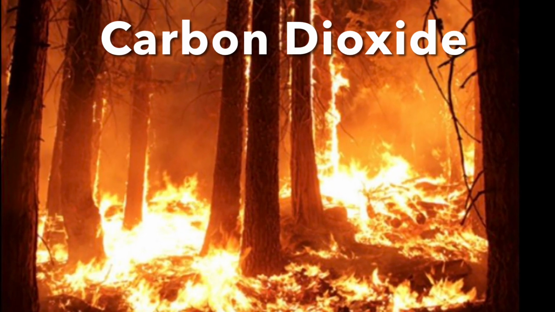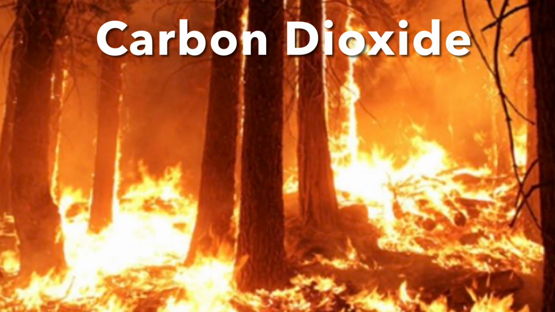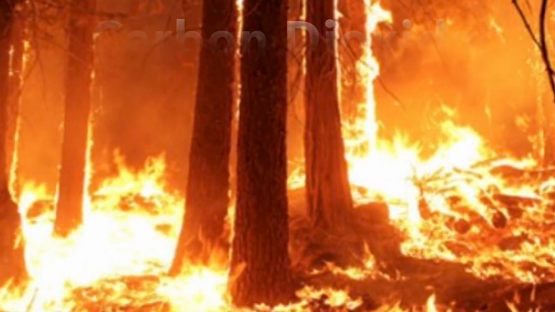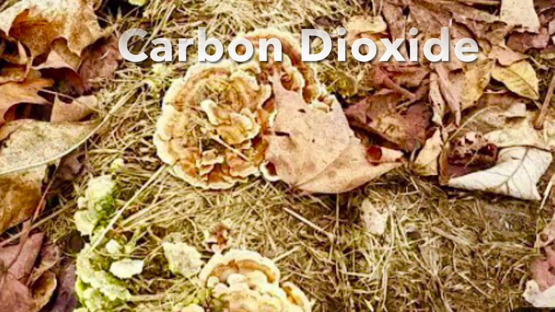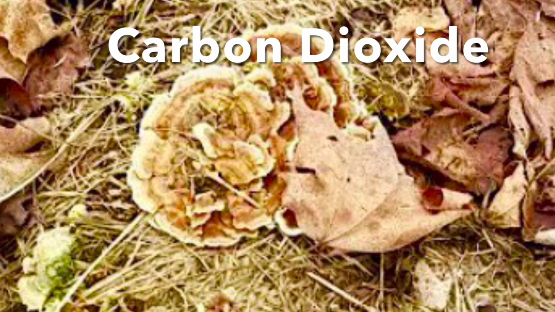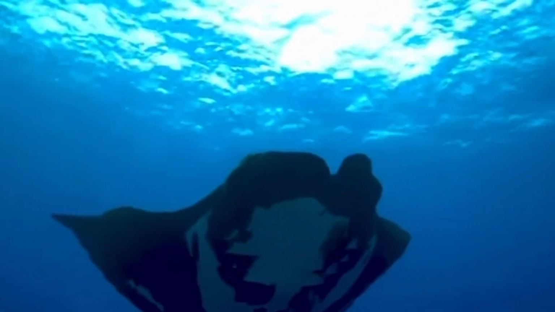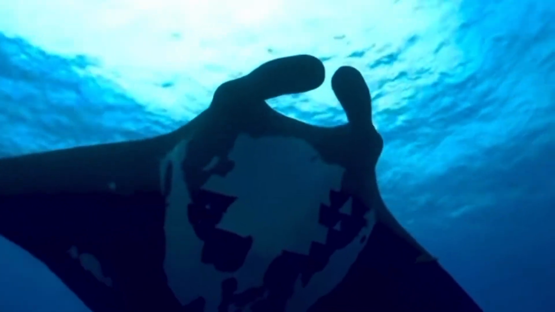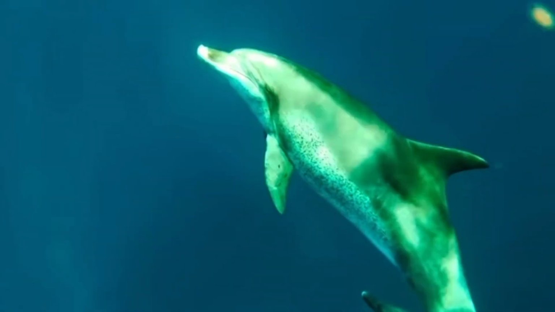Forest fires contribute their share of carbon dioxide too, as well as the processes of decomposition of organic material. And it goes without saying that the burning of fossil fuels by mankind creates a whole bunch of carbon dioxide as well. The biggest recipient and storehouse of carbon dioxide on our planet is the world's beautiful oceans.